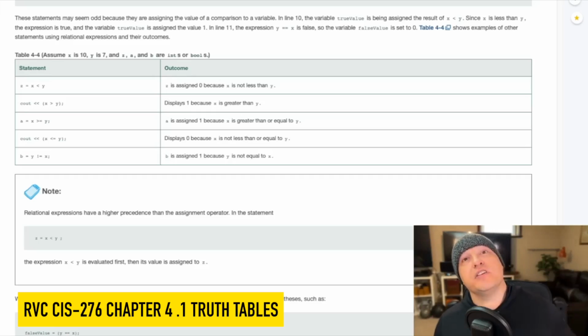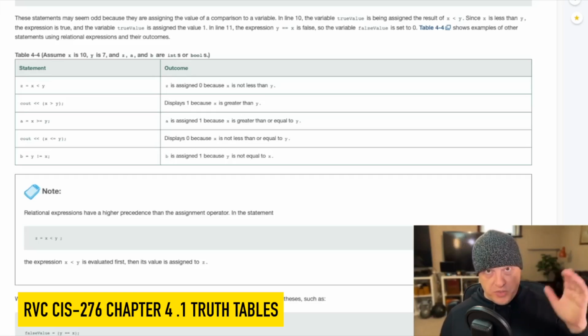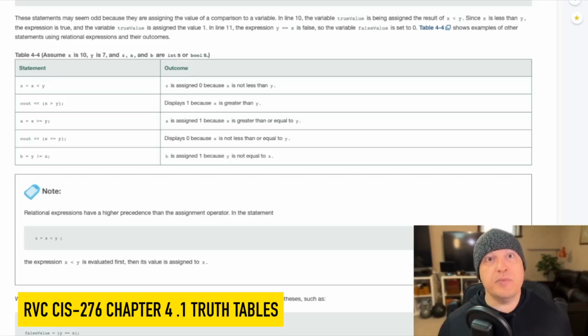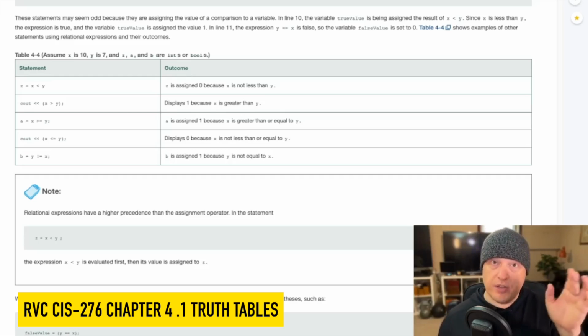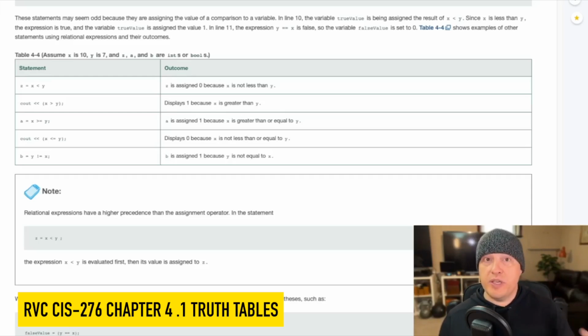So after this expression is done with its relational operator and with its assignment statement, the relational operator on the right-hand side, the equal being the assignment, what we have is x will take a value of 0, so a numeric value because of the false evaluation on the right-hand side of the operand. So that's something to be aware of.